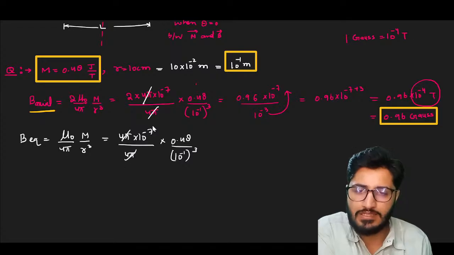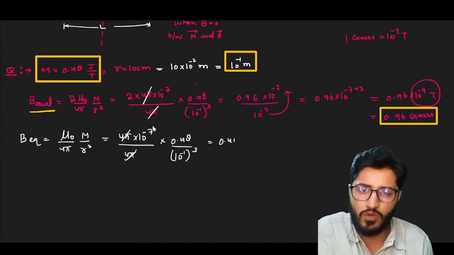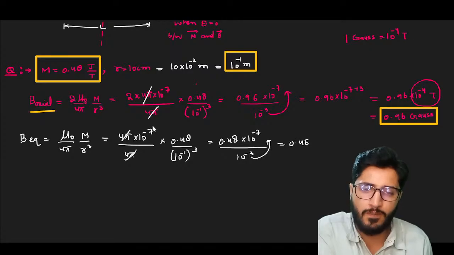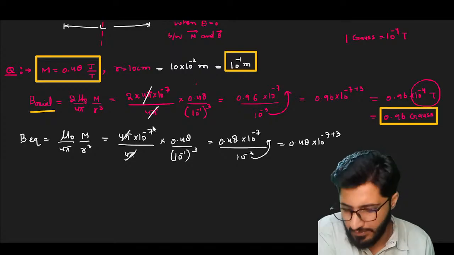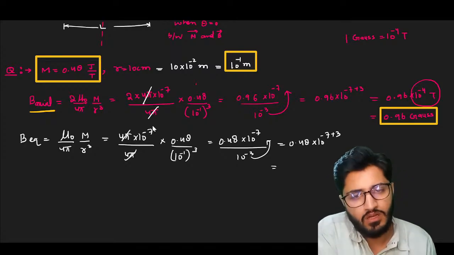The 4 pi cancels out, so we have 0.48 multiplied by 10 to the power minus 7 divided by 10 to the power minus 3. Taking this up, we have 0.48 times 10 to the power minus 7 plus 3, which becomes 0.48 times 10 to the power minus 4. I can use Gauss here, so I can write 0.48 Gauss.